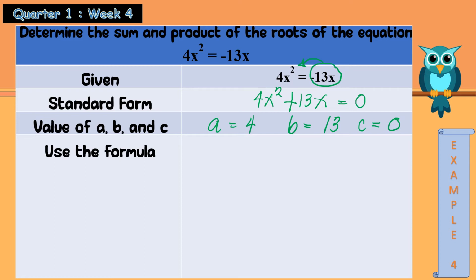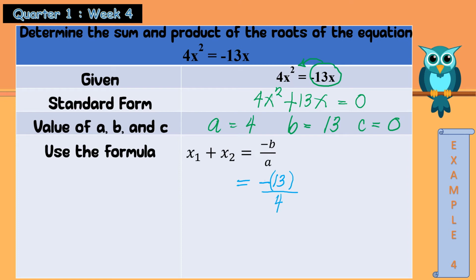Then let us use our formula to determine the sum. So you got here negative b over a. So that is equal to negative, the value of b is 13, and divided by a. So the value of our a here is positive 4.